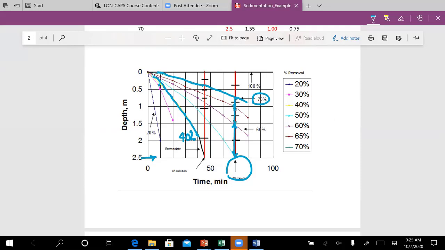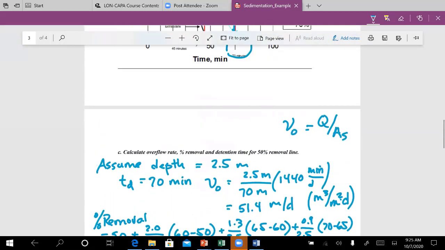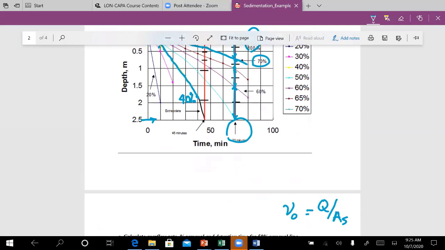You can see here, and we always assume this top line is 100%. So basically at zero depth, we have complete removal. We will then do the same for a second overflow rate and detention time.